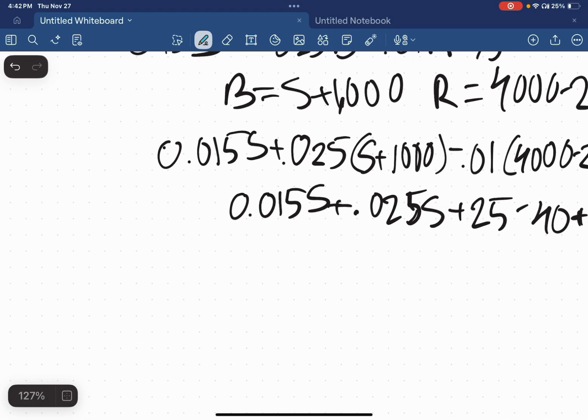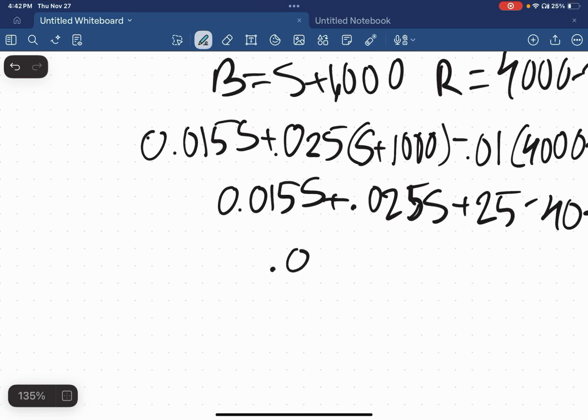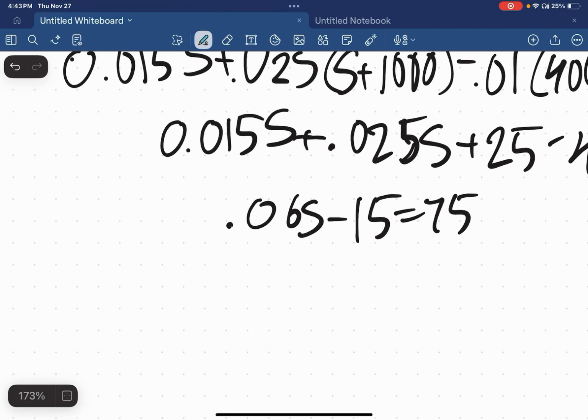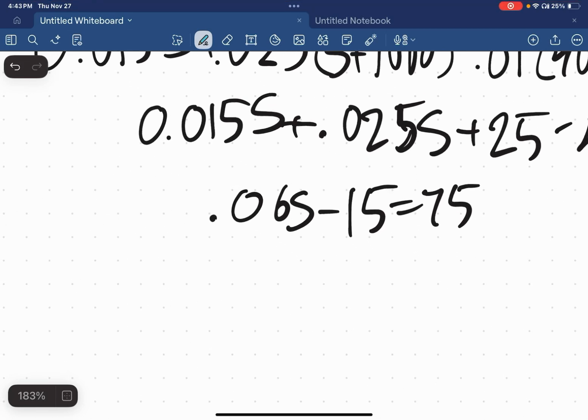Combine the like terms and the constants, and you get 0.06 S minus 15 is equal to 75. Doing the math, you get that S is going to be equal to 1,500.